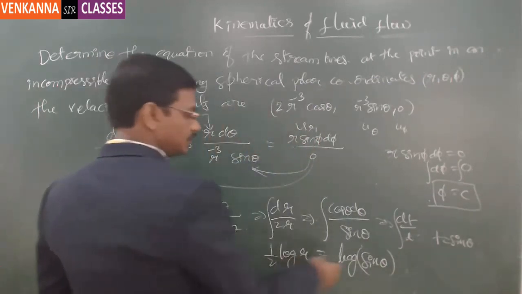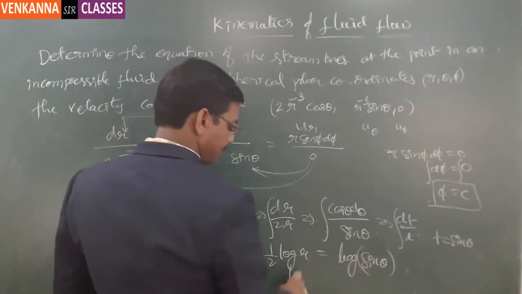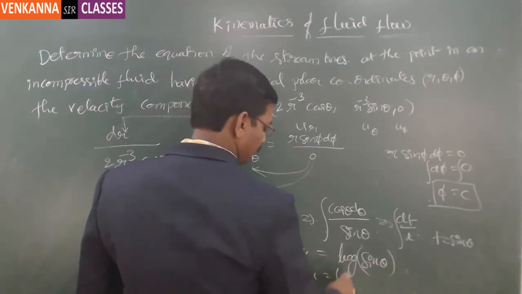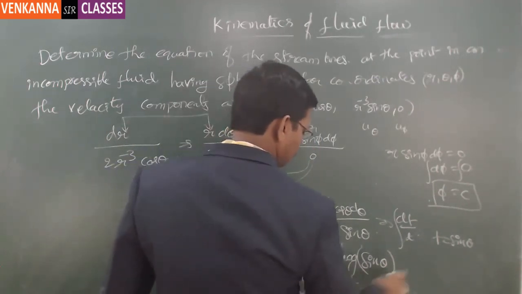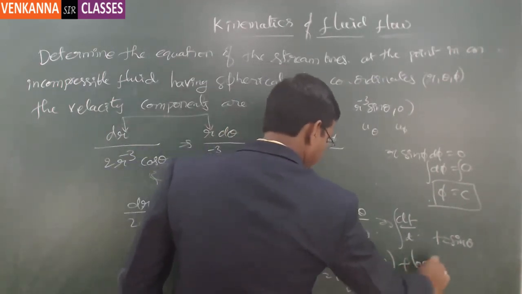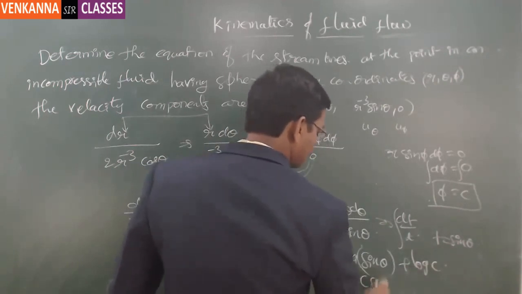Then if you take this 2 to the other side, log r is equal to log c plus log sin square theta.